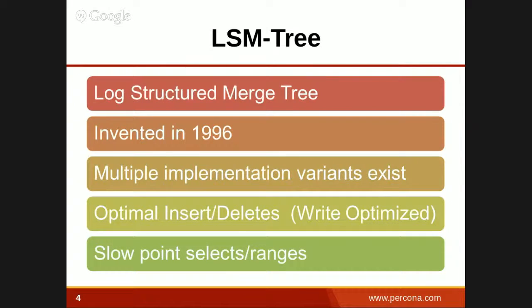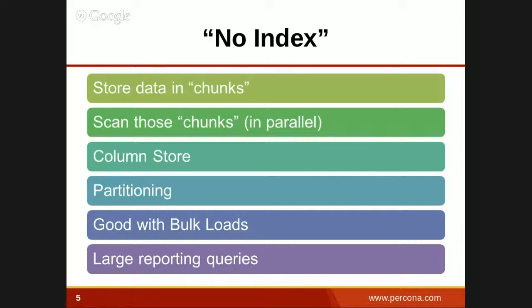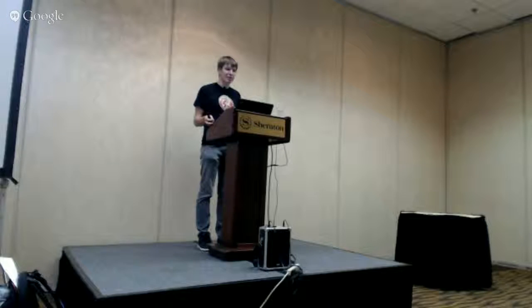There is also another relatively popular data store, which I will call "no index", where people use some sort of layout instead of actually building an index. Store data in chunks, and when you need to retrieve the data, scan all those chunks, probably in parallel, and get the data you need.